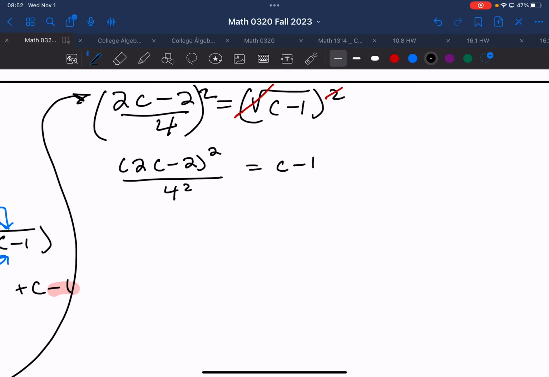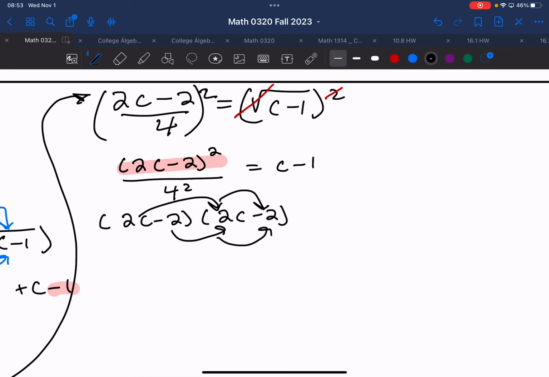Okay. What am I going to have to do to this top part? Write it twice in FOIL. So I have 2c minus 2 times 2c minus 2. Okay. Foiling that, I have 2c times 2c.